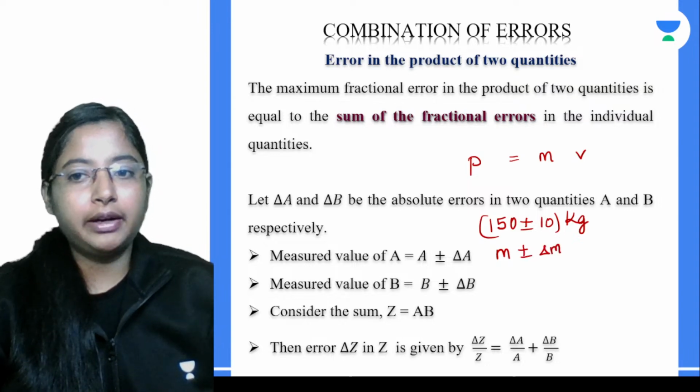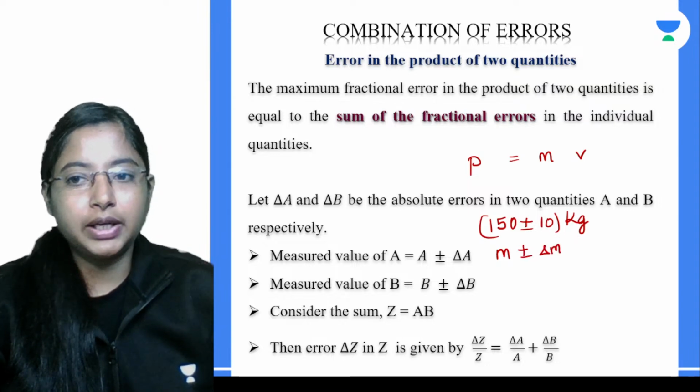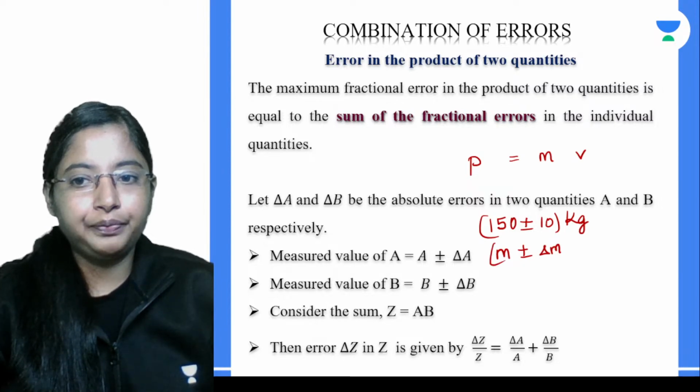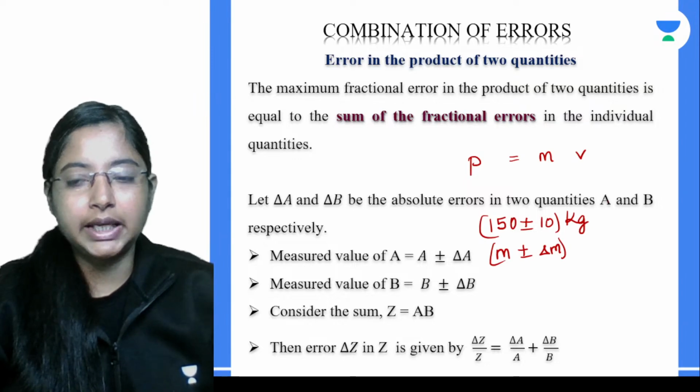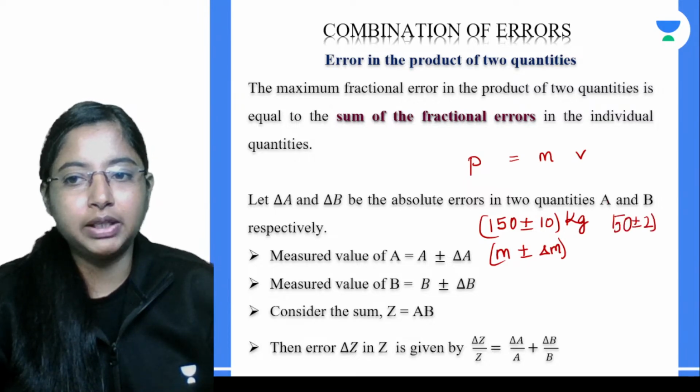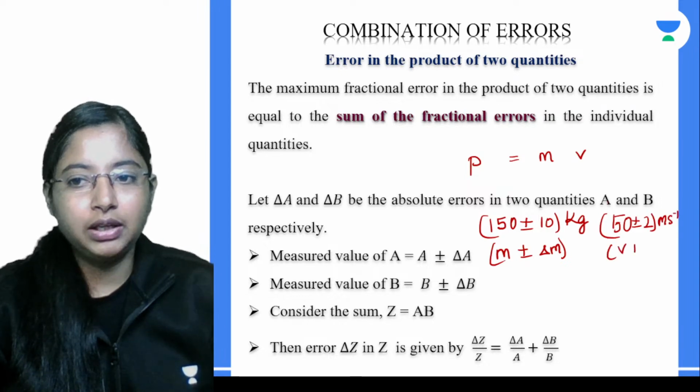Now, what is the error in velocity? Let's say the car is going at a speed of around 50, give or take 2 meters per second. So here this is V, and this is the error in the value, delta V.